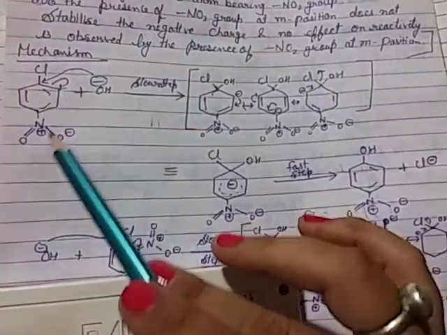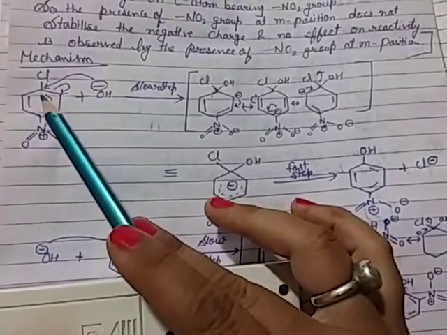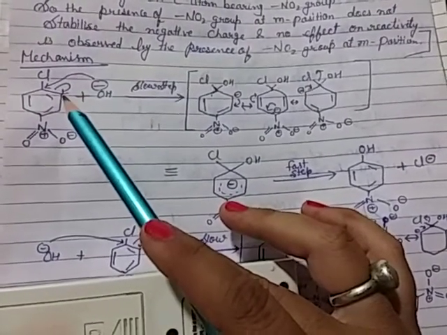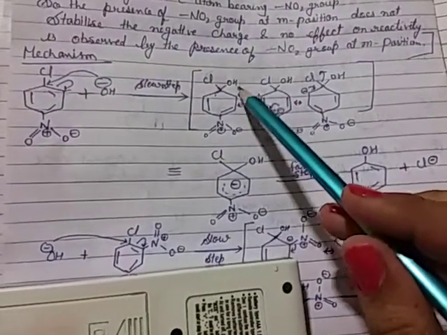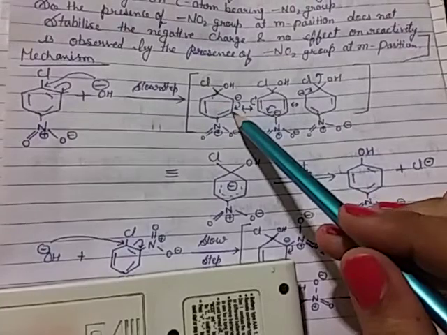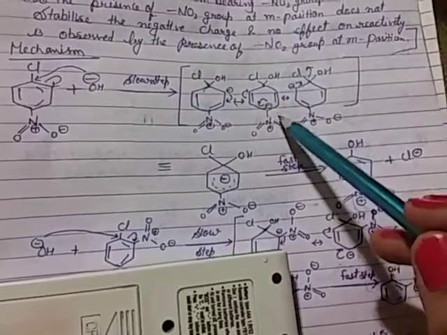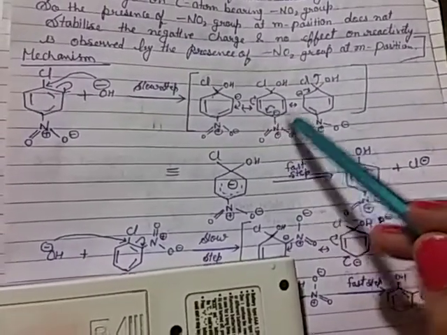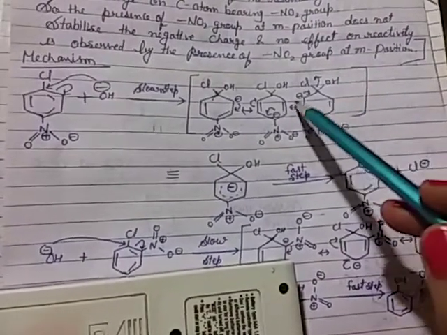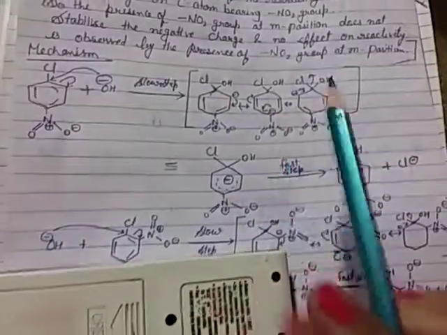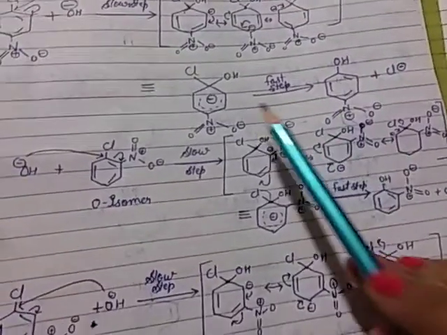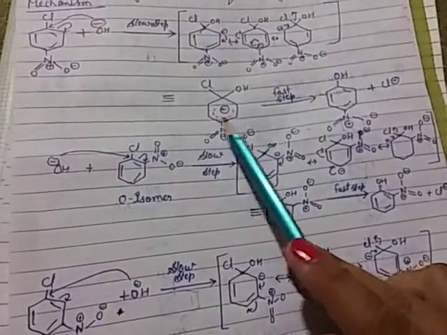Now the mechanism. With the NO2 group attached at the para position, OH minus attacks at this carbon, but before the attack, the double bond shifts forward, so a negative charge appears, and then OH attaches from the backside. Again the negative charge appears, a new bond forms, and before that the para position double bond transfers. So the negative charge appears at ortho and para positions alike. This is the intermediate, showing the negative electron density.